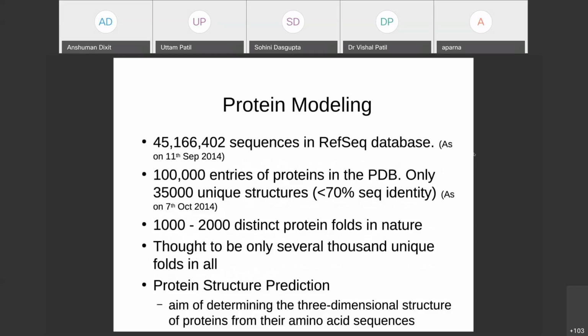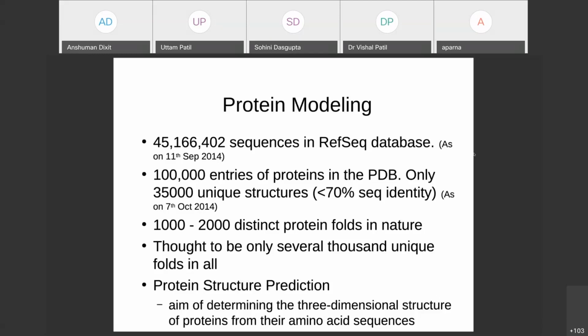However, only a minuscule percentage of the entries are in the Protein Data Bank, less than 1%. So if you have 99% of sequences for which there is no known 3D structure, obviously you can understand the importance of computational protein structure modeling.